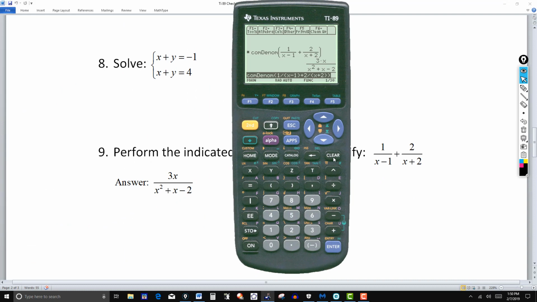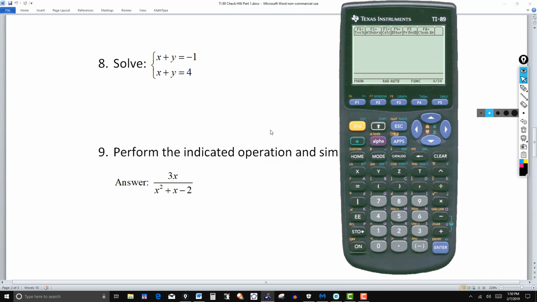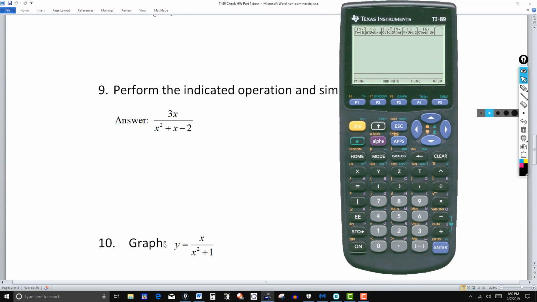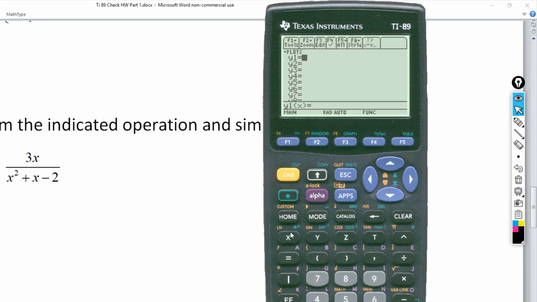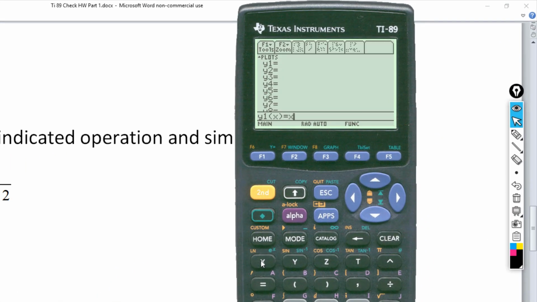And of course, graphing can be done in any calculator, but let's just do it here. Hit the little diamond here, and then F1, which is giving you the y equals, and then we enter the function x divide by, again, you don't put parentheses here, it's not going to give you the correct graph, so parentheses, and then it's x squared plus 1, close parentheses, hit enter.